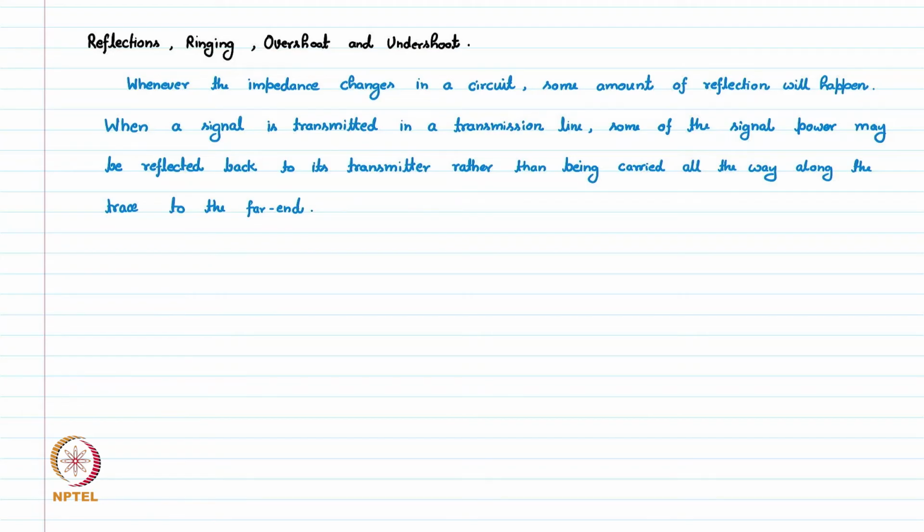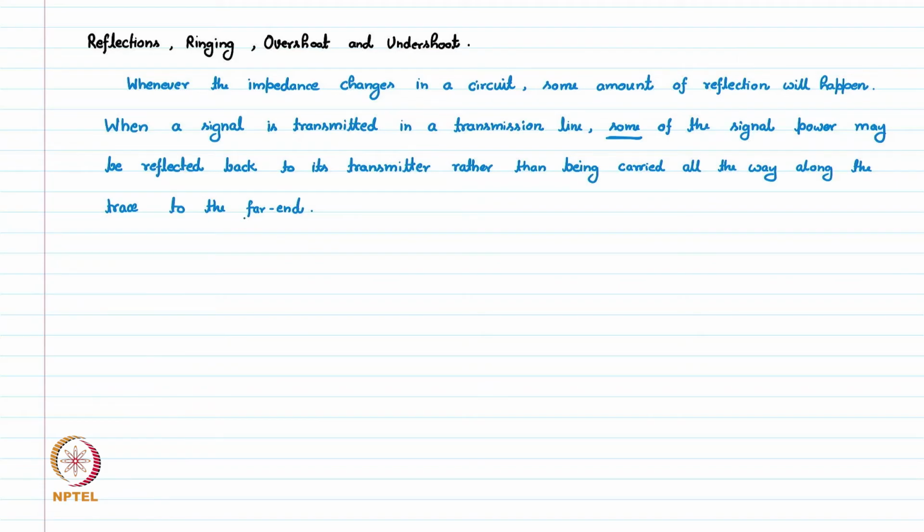So when we have a signal which is transmitted into a transmission line, some of the signal, not all the signal, some part of the signal, maybe 10% or 20%, this much of the signal power will be reflected back to its transmitter. If we are sending from the left, this will bounce back from the right and will again go to the left, rather than being carried all the way along the trace to the far end.